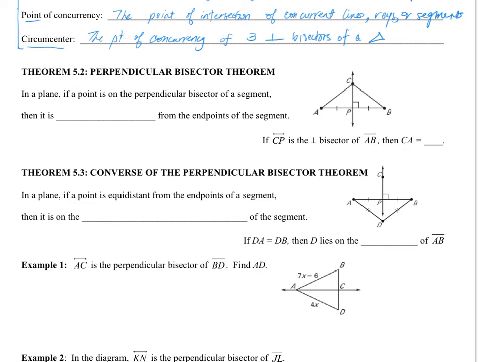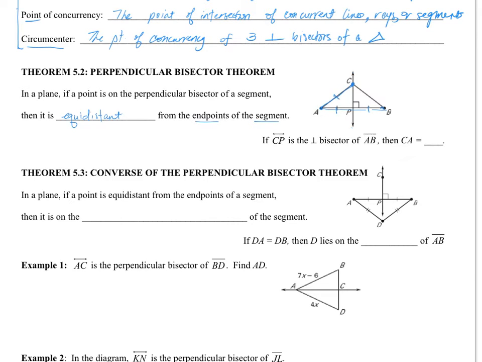Theorem 5.2, the perpendicular bisector theorem. In a plane, if a point is on the perpendicular bisector of a segment, so we're talking about point C here, and it's located on the perpendicular bisector of the segment AB, so that AP is equal to PB, then it is equidistant from the endpoints of the segment. So we're talking about A and B here.